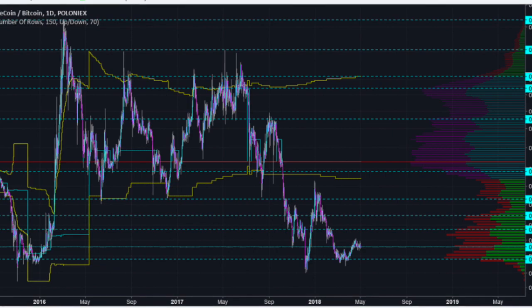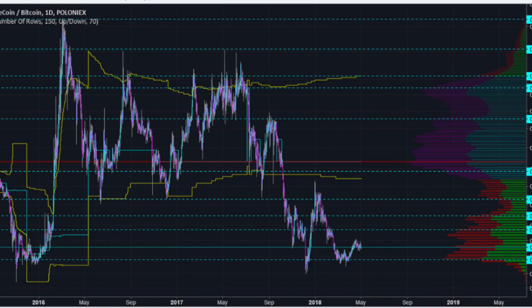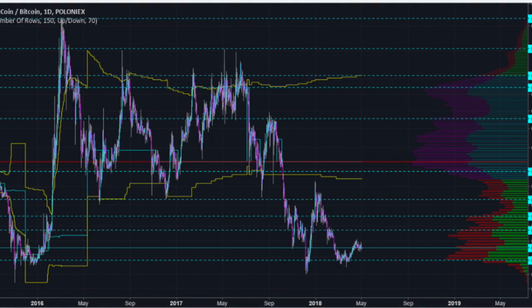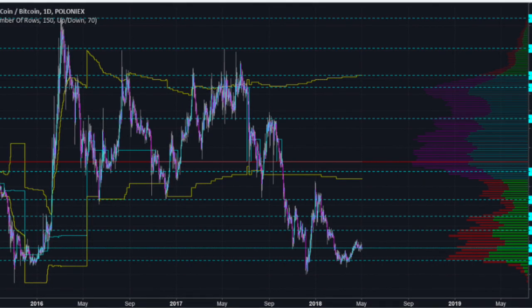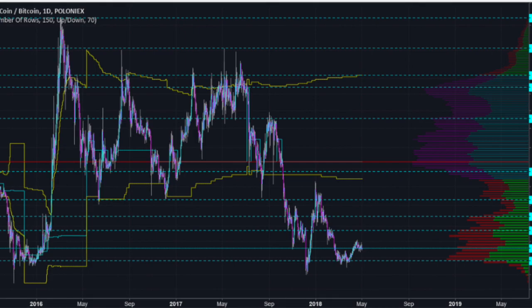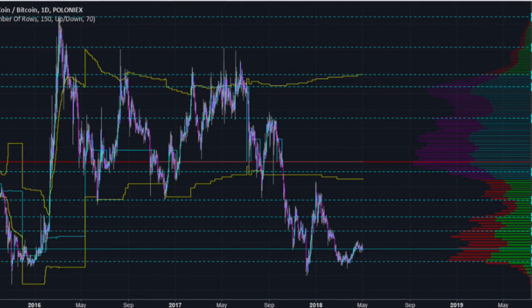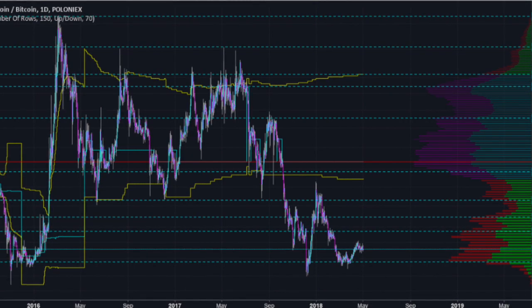So what we want to do is put the horizontal lines where we notice that there's a big change in the amount of volume that has taken place at those price levels. So right now, what we have in front of us is historically, these are the support and resistance levels for the market. And I want you to notice that a lot of these lines have confluence with where price touched.